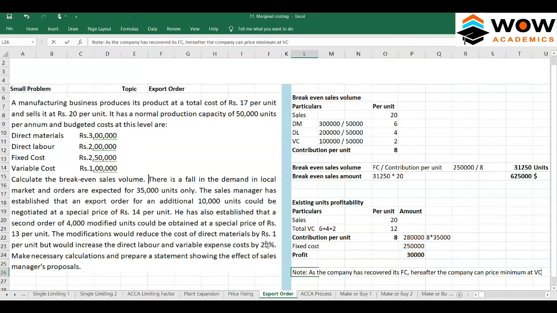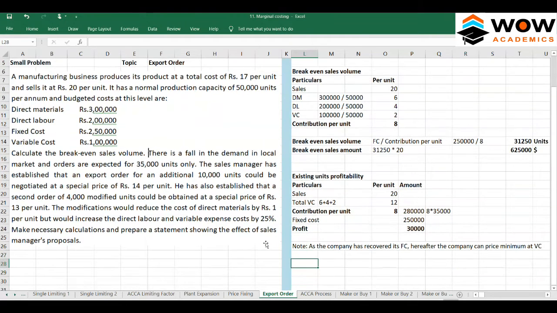They can even price at variable cost itself, so even that is quite possible. So we'll first find out what's the export order. So export order number one. So they have an order here. So let's get that data.